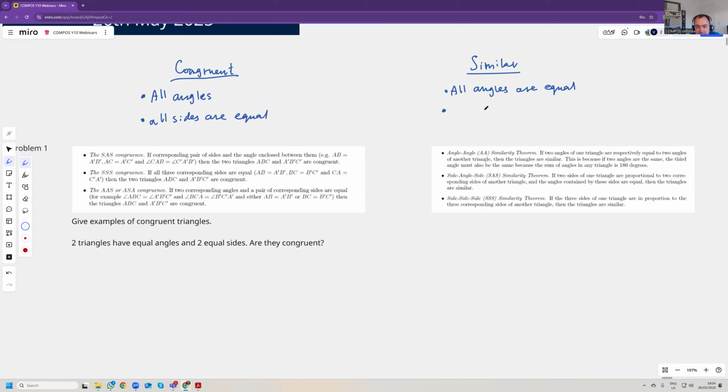We add that all sides are in proportion. But I believe this to be redundant, because if all angles are equal, that automatically means all sides are in proportion.